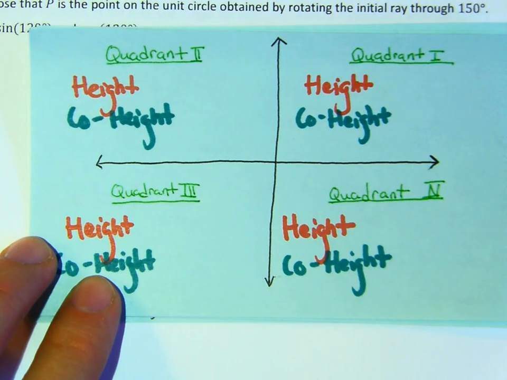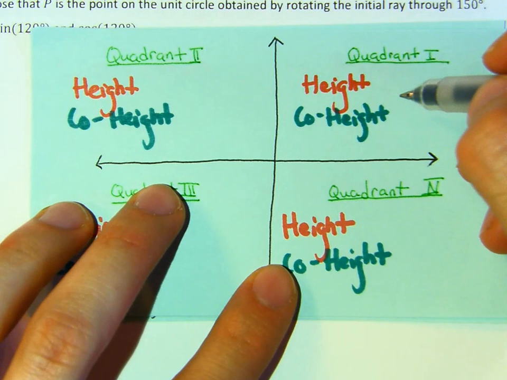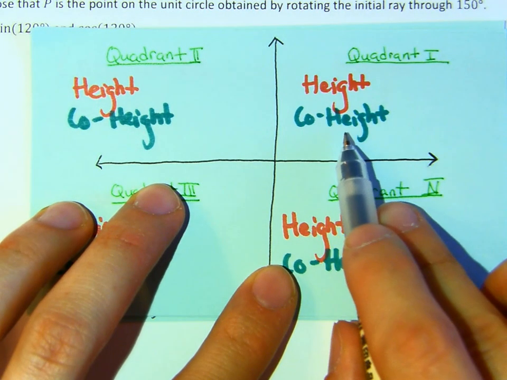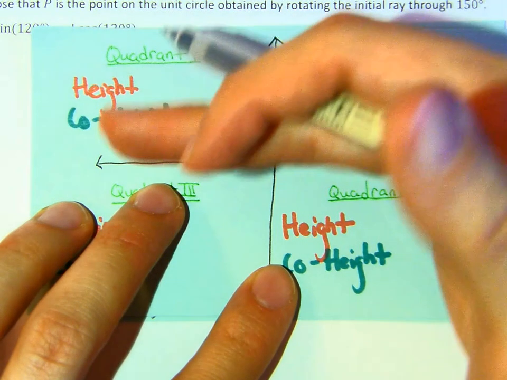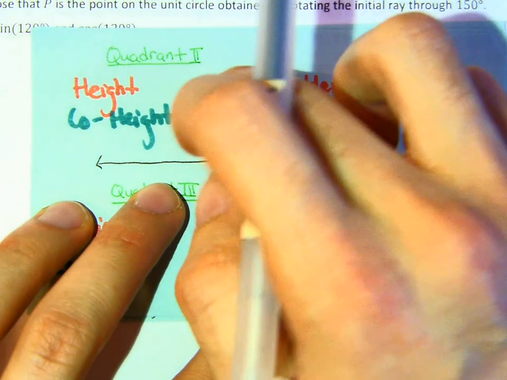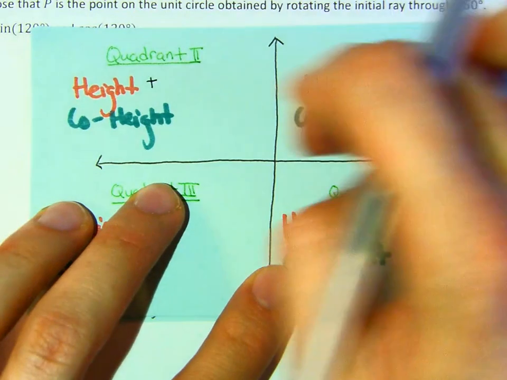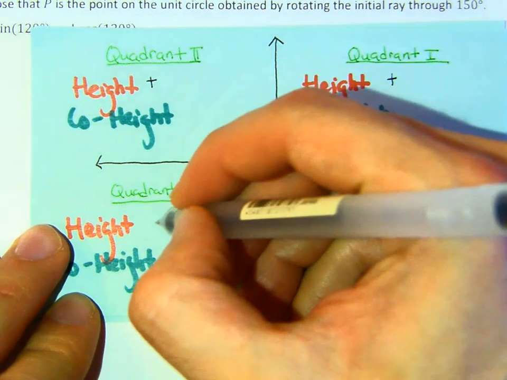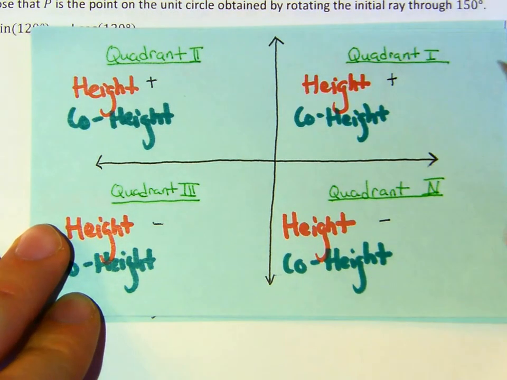Here, if we were in these quadrants, we knew that height talked about the y, and coheight talked about the x. So when is y positive? Y is positive in quadrant 1 and 2. So here we know the height is positive above the x-axis, and we know height is negative below the x-axis because height is talking about the y values.